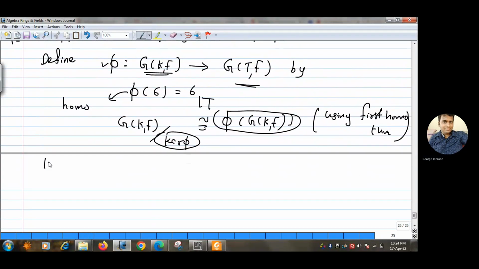So let us first prove that the kernel is nothing but GKT. Let us start with an element of the kernel of phi. Suppose sigma belongs to kernel phi.